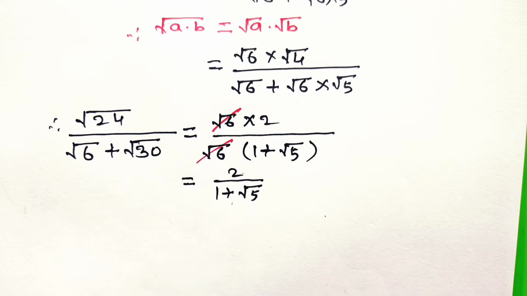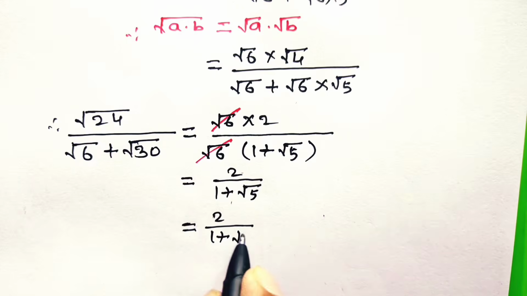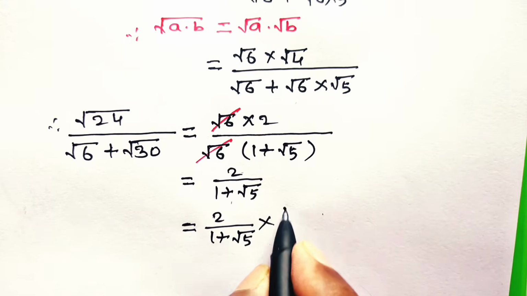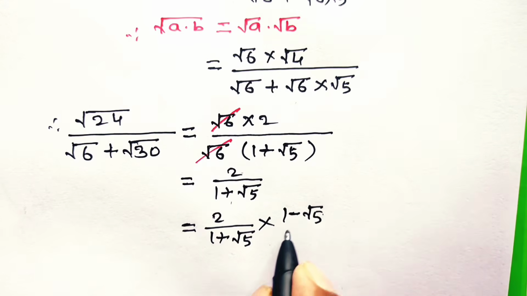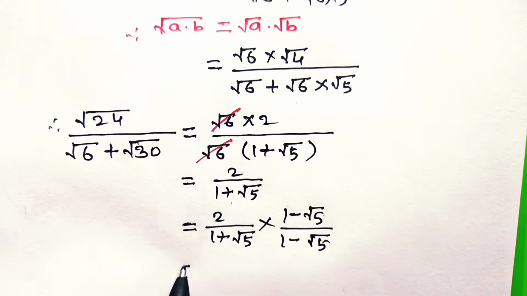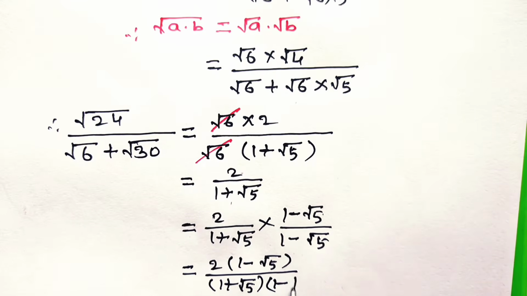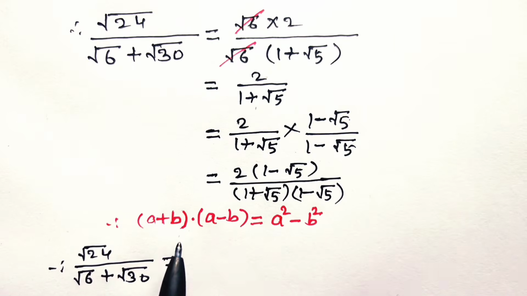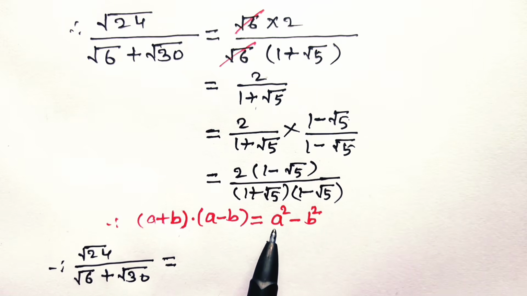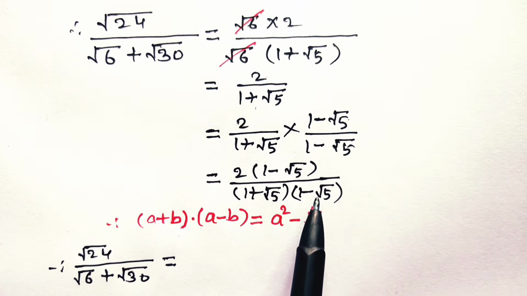Now rationalize the denominator. This is equal to 2 upon 1 plus root 5 into 1 minus root 5 divided by 1 minus root 5. Simplify this. This is equal to 2 into 1 minus root 5 divided by 1 plus root 5 into 1 minus root 5. Since a plus b into a minus b is equal to a square minus b square, we can apply this formula in the denominator of this number.